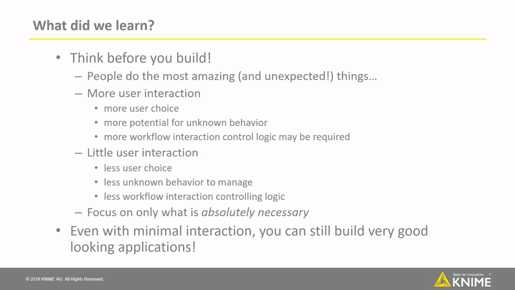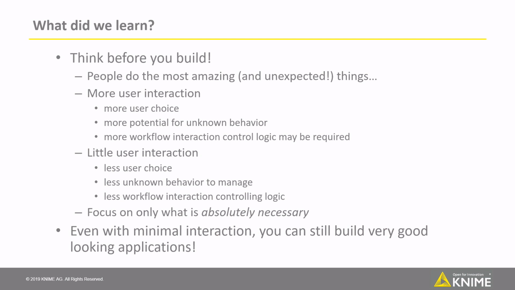People can do the most amazing things, and I mean that in a positive way. We've been getting into situations where, although they know nothing about machine learning and nothing about KNIME, we can show them visualizations, and they are really good with their own data, and they can give us feedback. That's the positive side. The negative side is they can also do some really stupid things, and you need to be able to take care of that in your logic.